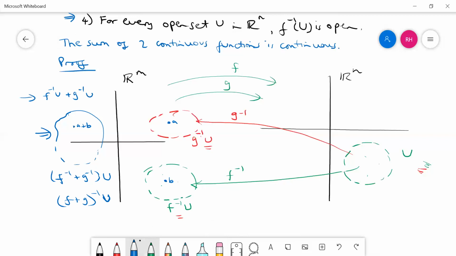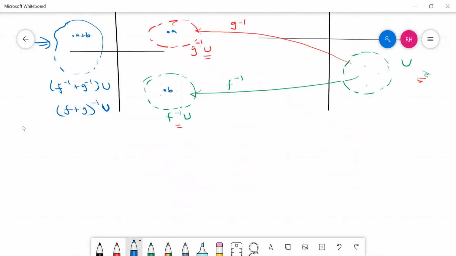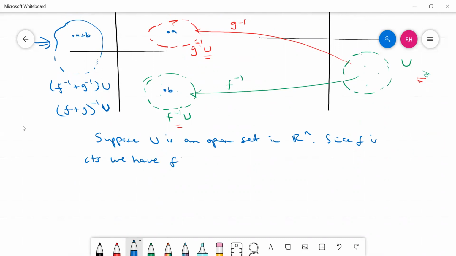So what I think I'll do now is start writing some stuff, and then we'll see where we get to. I've got one little trick left, I suppose. Suppose U is an open set in Rn. Since f is continuous, we have f negative 1 of U is open.